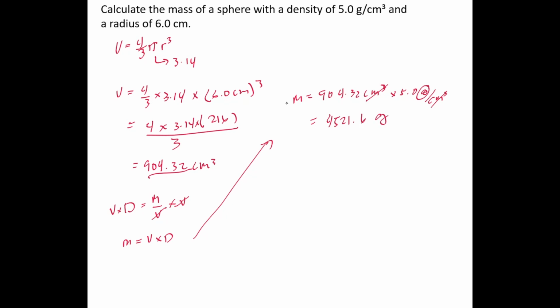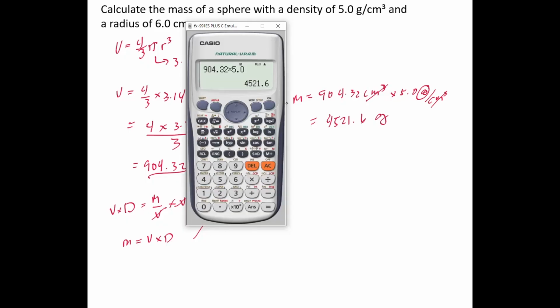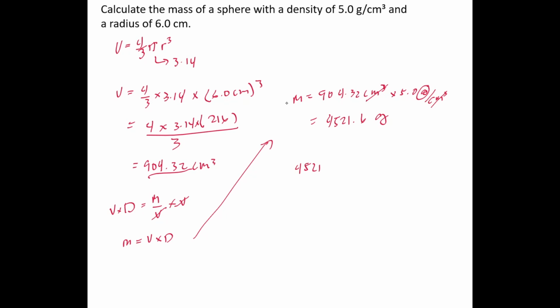Okay, now in some instances you will be required to convert this unit of grams into kilograms. If the problem says you need to convert it into kilograms, this is what you're going to do. 4,521.6 grams multiplied by 1 kilogram divided by 1,000 grams.